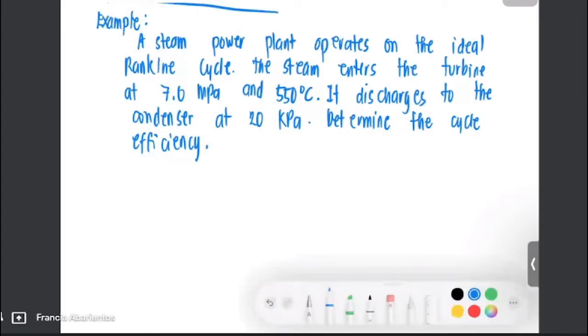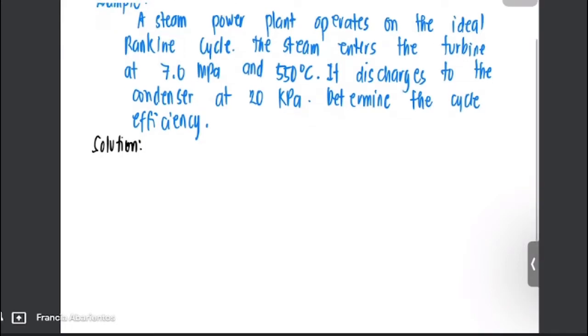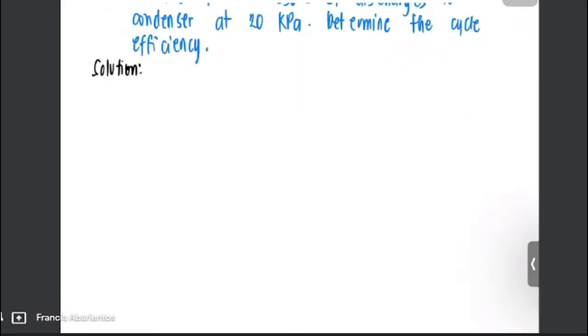Anong una yung gagawin, class? Solution. You draw the schematic diagram of the simple or the ideal Rankine cycle. Dapat alam niyo na to.